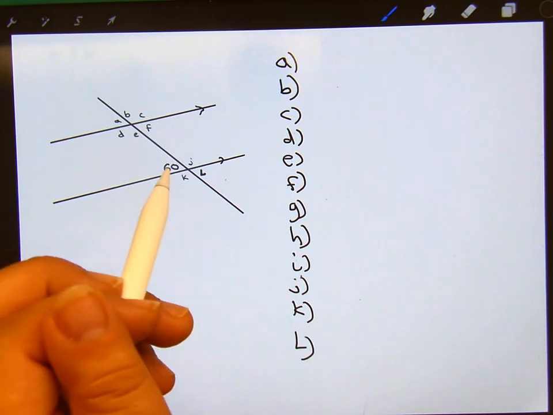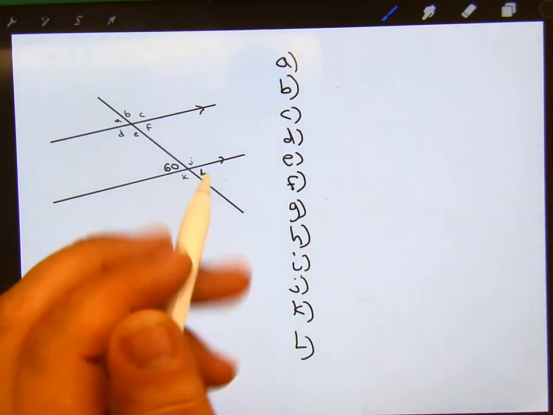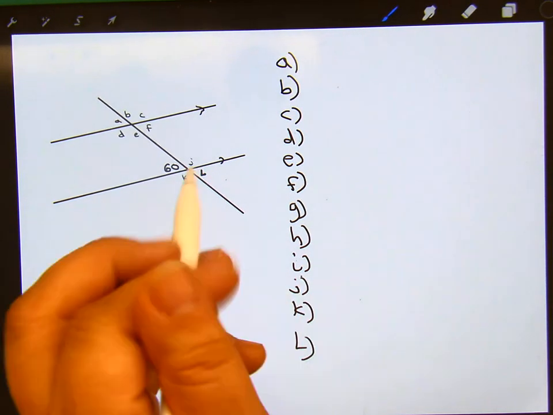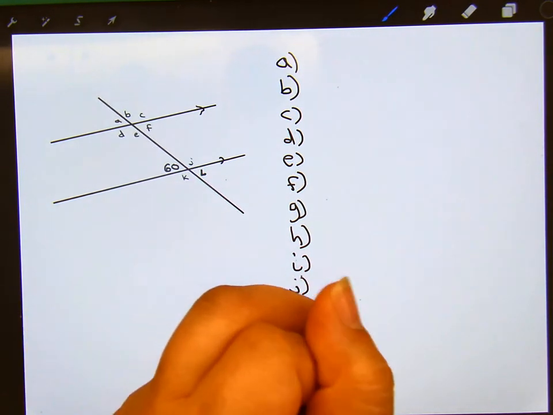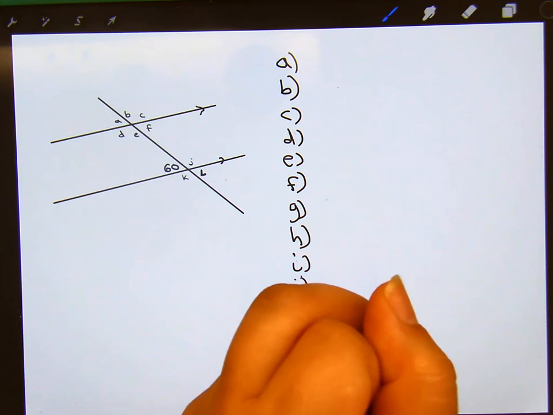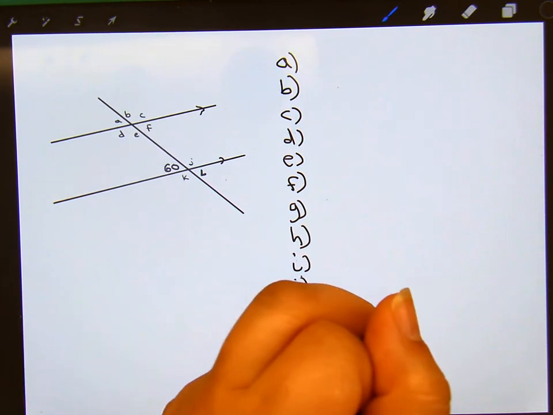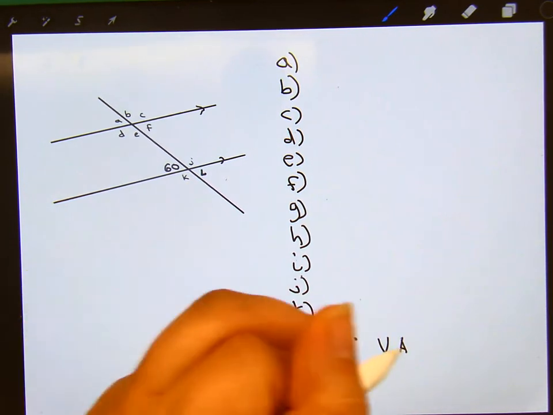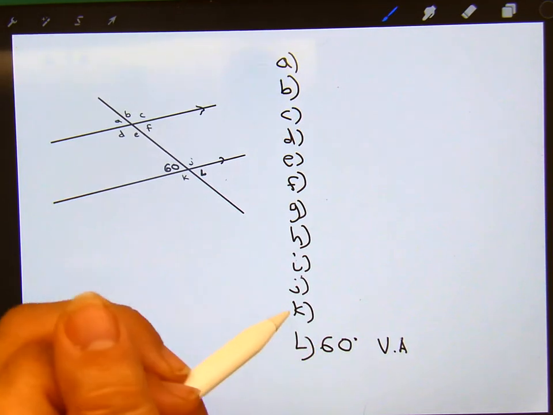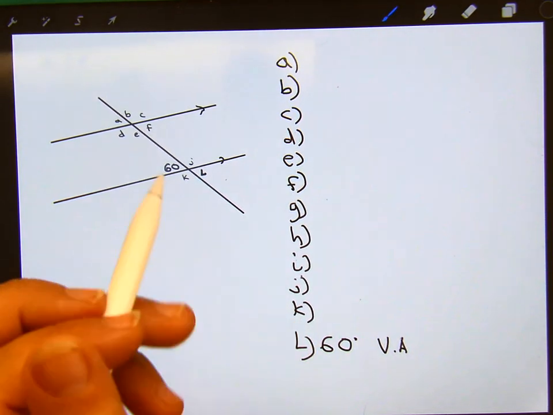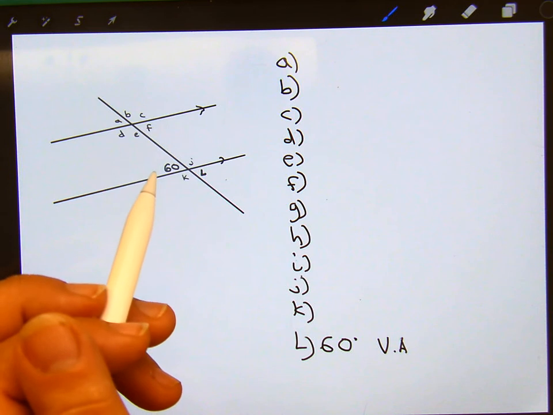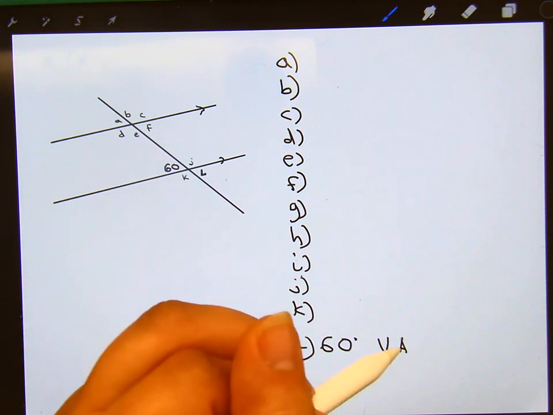So I'm going to go 60 to L, and you are welcome to put down because they're vertical angles. This is a good way to practice your two column: angle L has to equal 60 degrees because they're vertical angles.